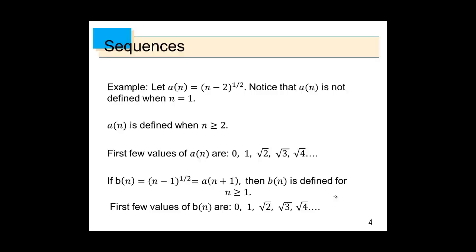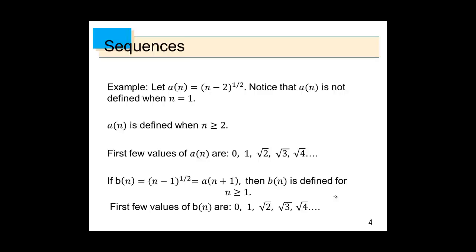Now notice that B of n is defined for n larger or equal to 1, right? Now, is B of n a different sequence than A of n? Well, in fact, no. Notice what the first few values are. The first few values are still 0, 1, root 2, root 3, root 4, and so on.